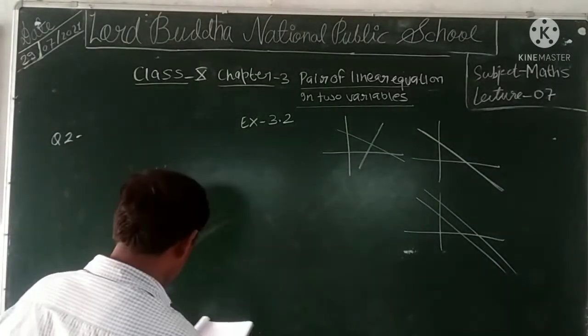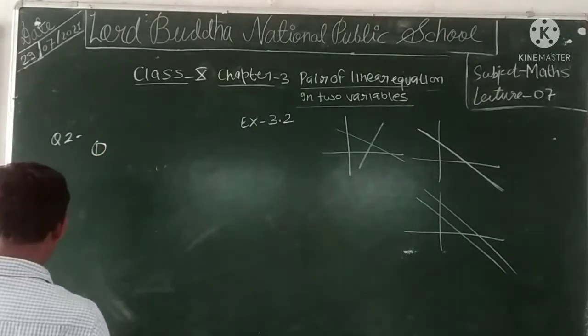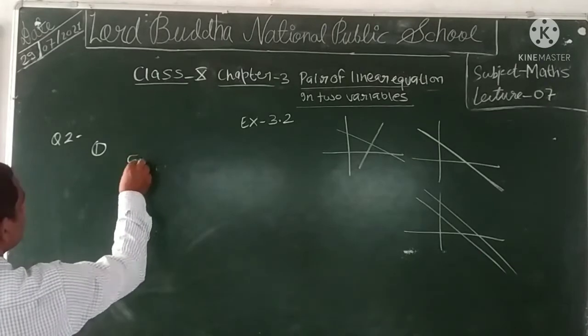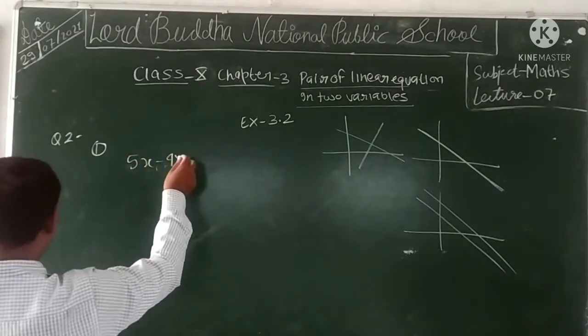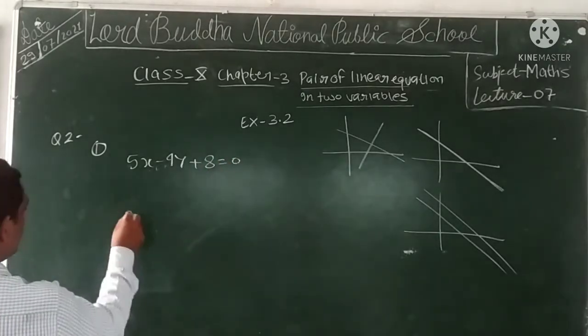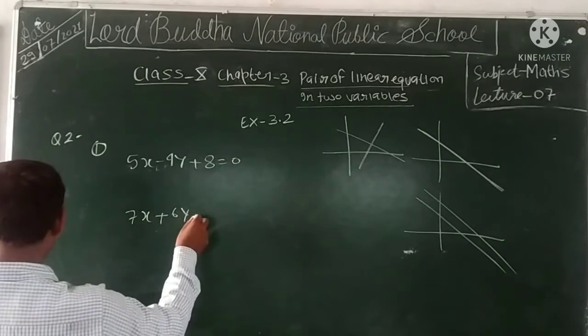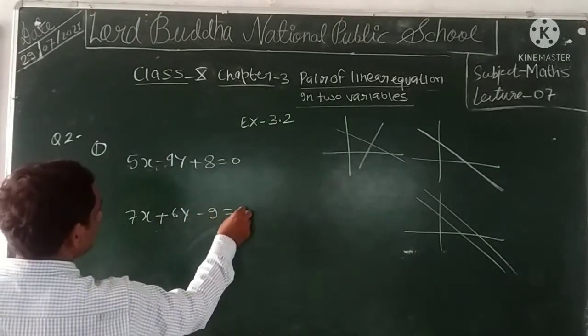The first equation is 5x minus 4y plus 8 equal to 0 and 7x plus 6y minus 9 equal to 0.